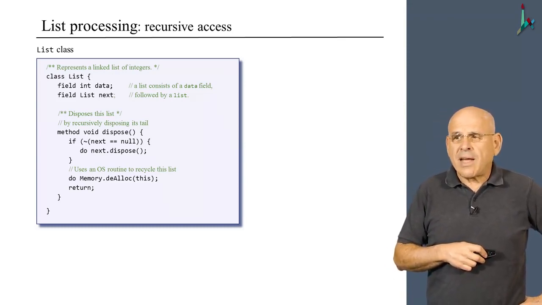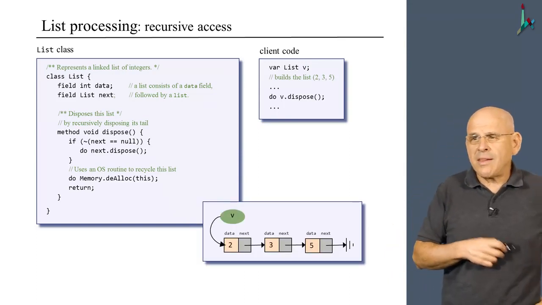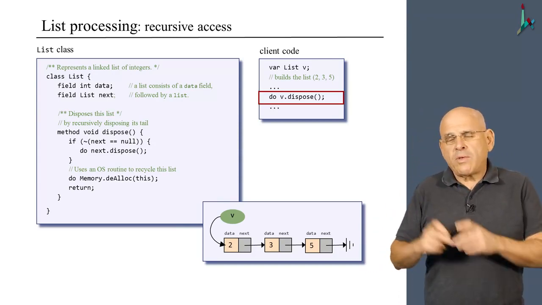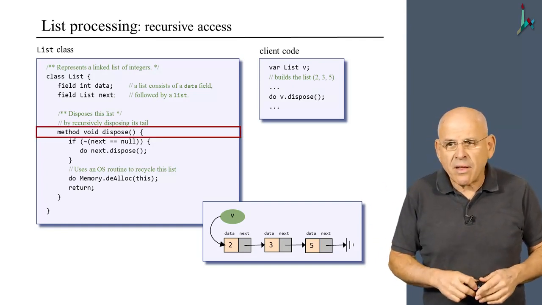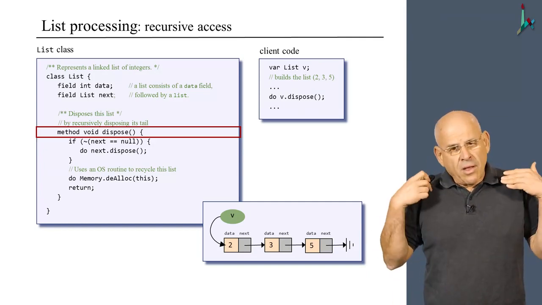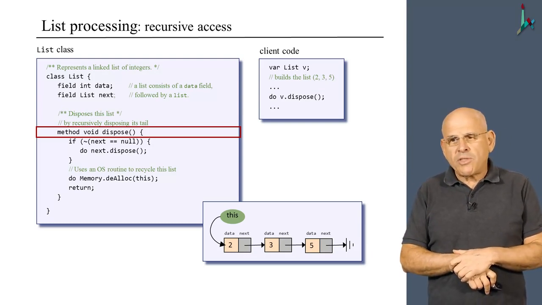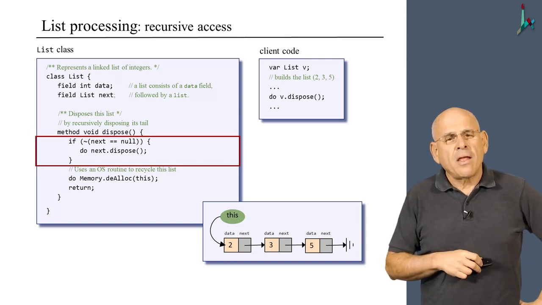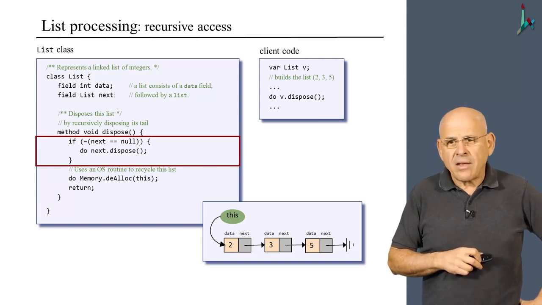And the client, as usual, creates the list, gets this abstraction, and then the client says dispose. Once again, when we say dispose, control moves to the dispose method. The dispose method does not know what v is, and instead now the variable this points at the object that was passed to dispose. And next we see that we have this if expression that says as long as next is not null, do something.